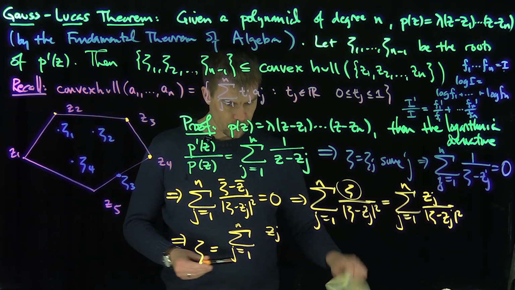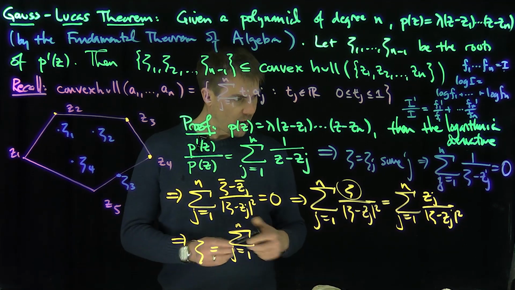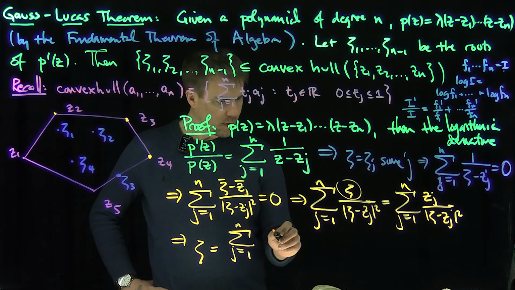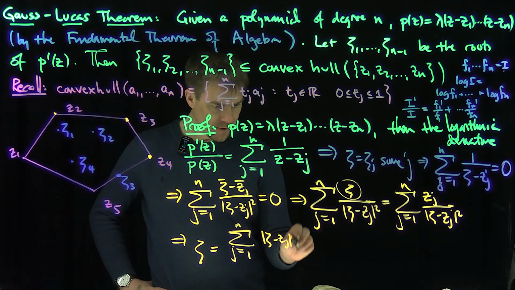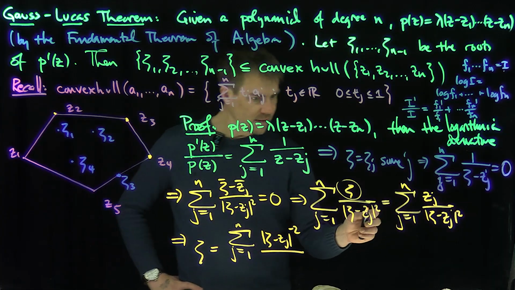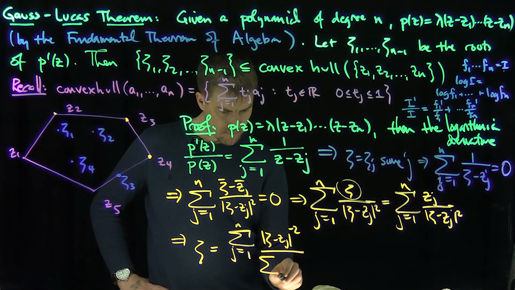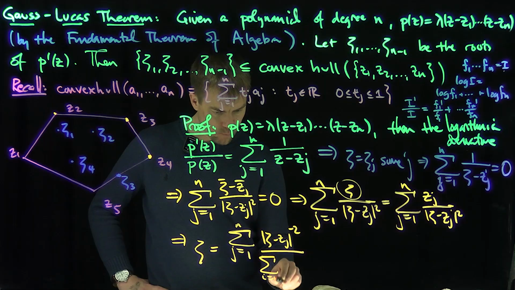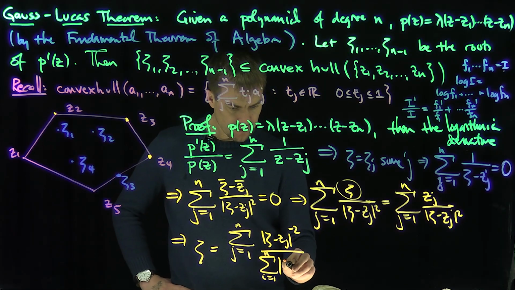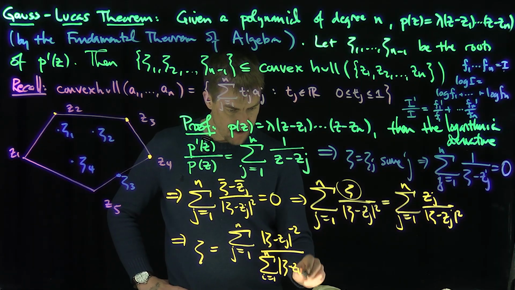Let me give myself a little more space. Then I'm going to have a 1 over, so like this, zeta minus zj to the negative 2. That's this thing over here, divided by the sum, I'm going to change now, i goes from 1 up to n of zeta minus zi to the negative 2.